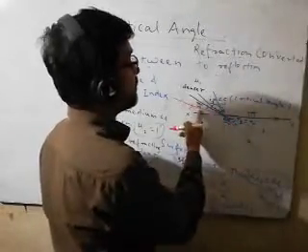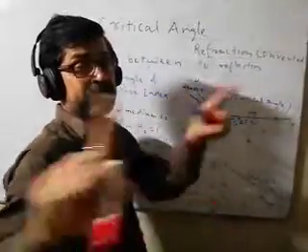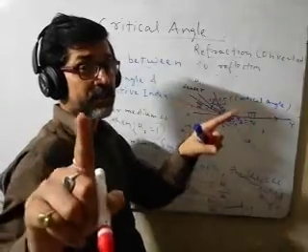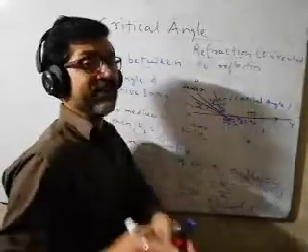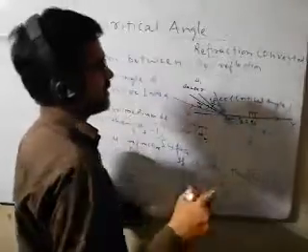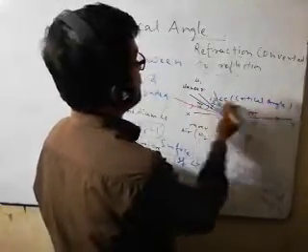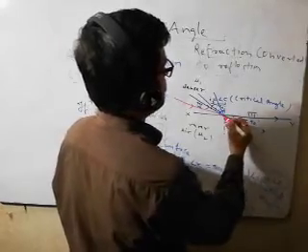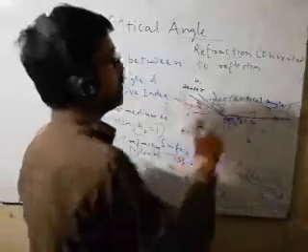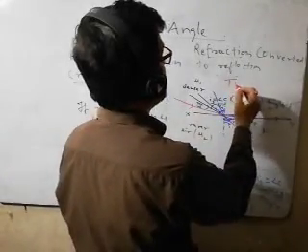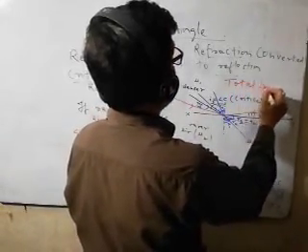Now this light ray will not follow the refraction pattern. It will follow the rule of reflection of light, and it will bounce back in the same denser medium, and this phenomenon is called total internal reflection of light.